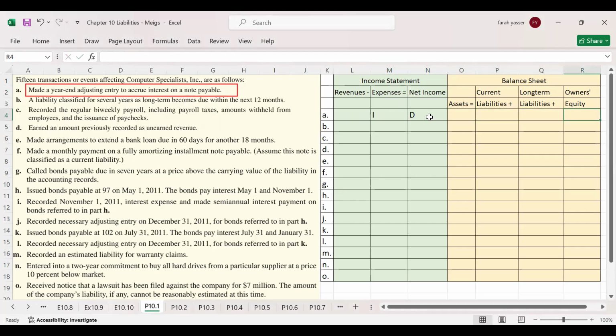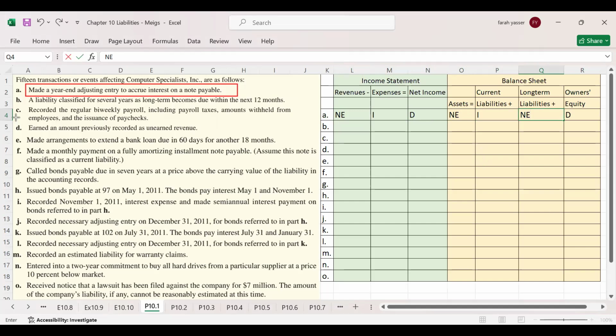So the same impact on owner's equity, that equity will also be decreased. Whereas there is no effect on revenues or no asset is involved, interest payable is your current liability. So current liability will also be increased. There is no long-term liability involved in this transaction.